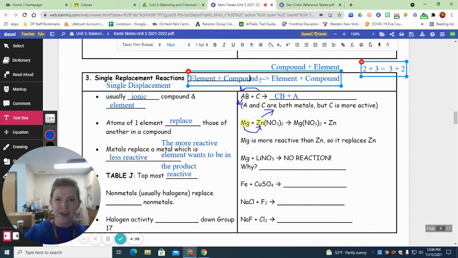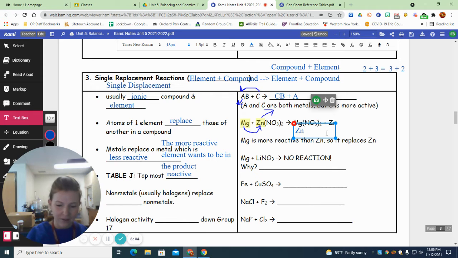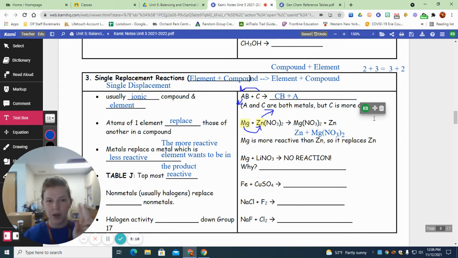So on either side of the equation, you can reorder these and it doesn't change the meaning. Like for this second one here, if I had said Zn plus Mg(NO3)2, it means exactly the same thing. You're allowed to swap your reactants and swap your products, within a single side.